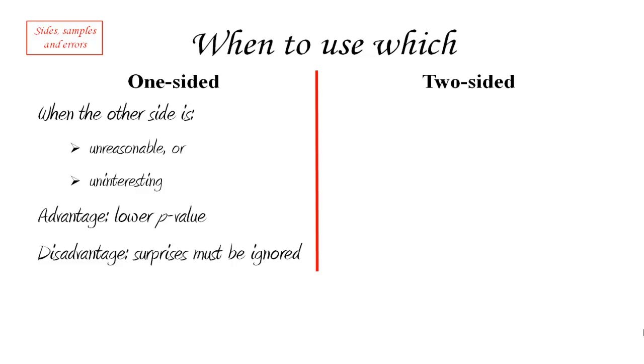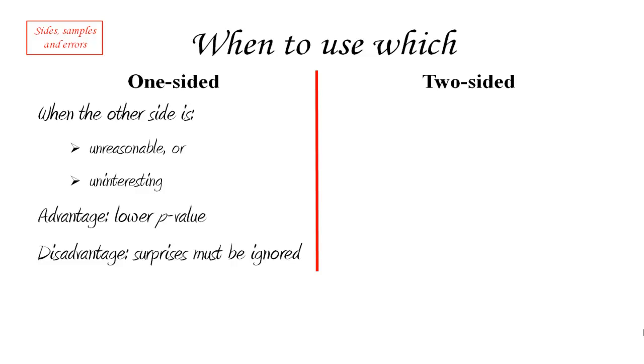That's why we don't want to use this if the other side is interesting, but only when it is uninteresting. Then we have to ignore it. Remember, we started with a one-sided test, we did everything one-sided, and in order to be honest, if the data end up suggesting a conclusion in the opposite side, then we have to ignore it.